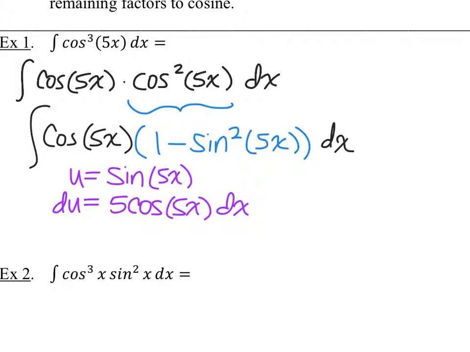Take stock, see what's going on. I can get rid of the sine here, so that's fine. I got an extra 5 I don't want, so let me kill that. 1/5 du would be equal to cosine 5x dx.